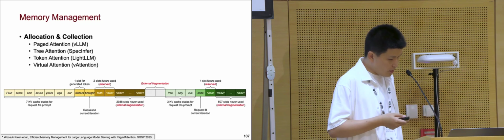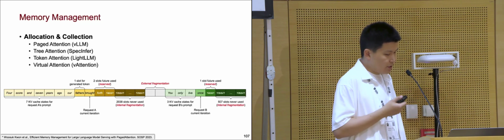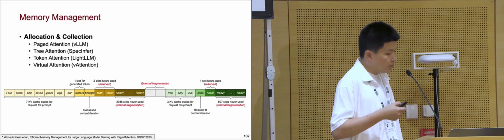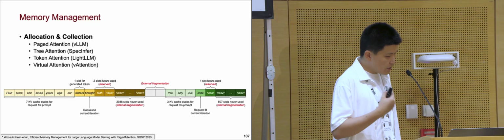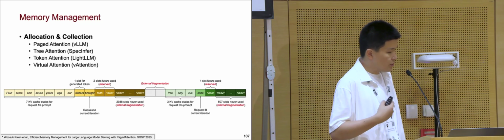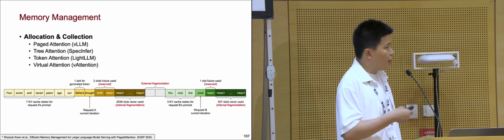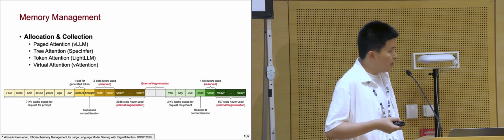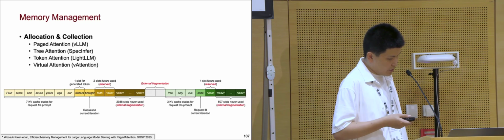For example, if you use beam search or parallel decoding, you will have to copy the memory space multiple times. So in vLLM, they propose PagedAttention that partitions the KV cache into non-continuous memory blocks and improves the batch size as well as the throughput. Similarly, in SpecInfer, we also introduced the tree attention GPU kernel, which removes all the redundant token KV cache storage by using the depth-first search approach.